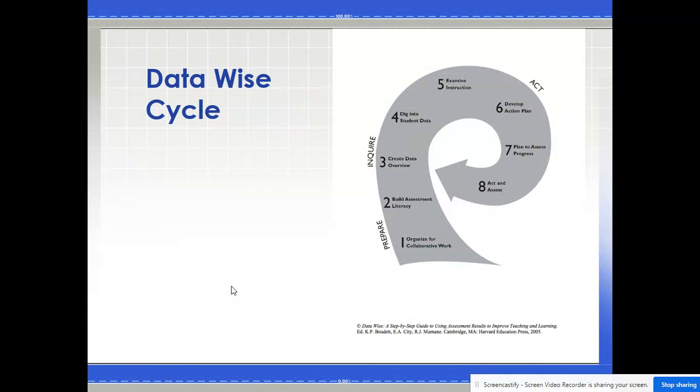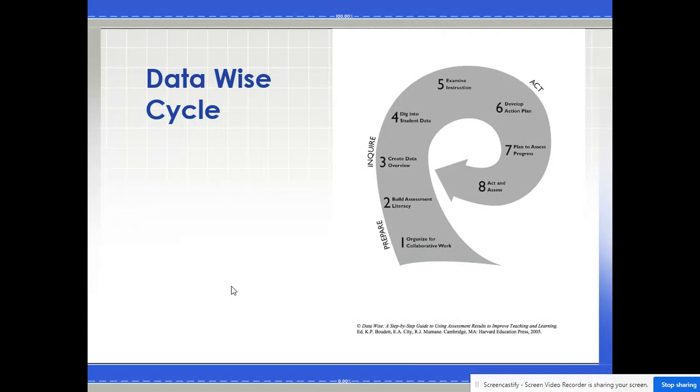So looking at cycles and thinking about cycles, this is the DataWise cycle, and it begins with organizing for collaborative work, building an assessment literacy, creating a data overview, digging into student data, examining instruction, developing an action plan, planning to assess progress, and then acting and assessing.